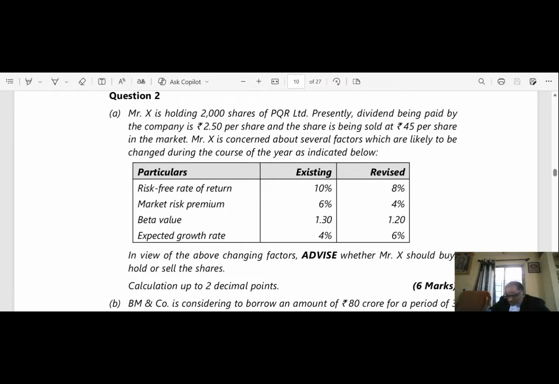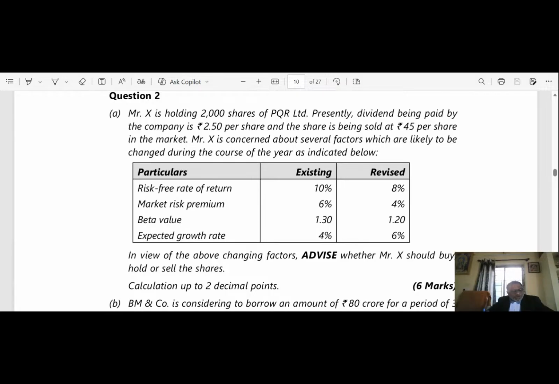That is equal to 2.5 divided by 17.8 minus 4, that is 13.8, 0.138, that is 13.8 percentage.